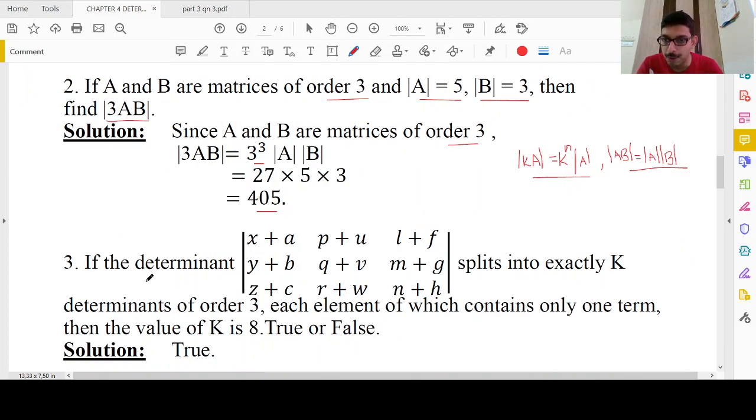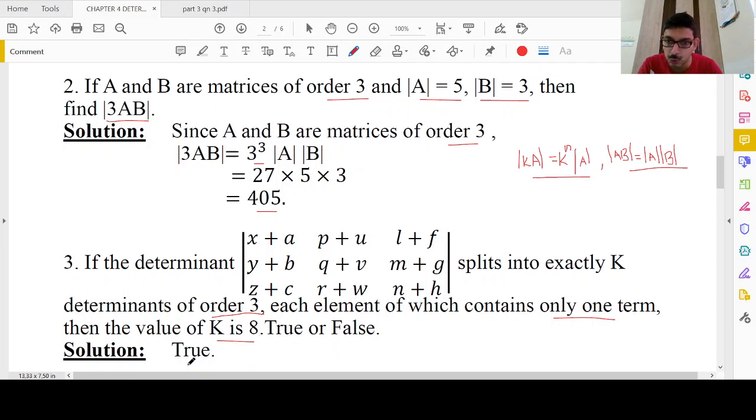Now the next problem: if the determinant with rows x plus a, p plus u, l plus f; y plus b, q plus v, m plus g; z plus c, r plus w, n plus h splits into exactly k determinants of order 3, each element of which contains only one term, then the value of k is 8. Whether it is true or false?